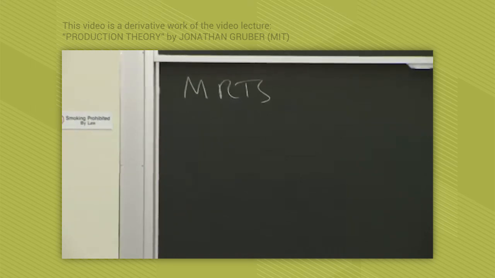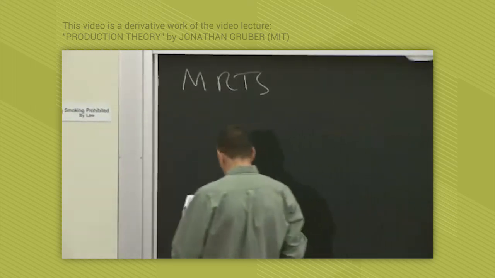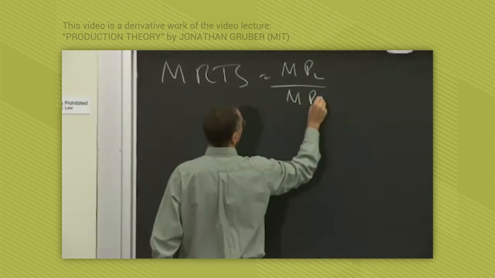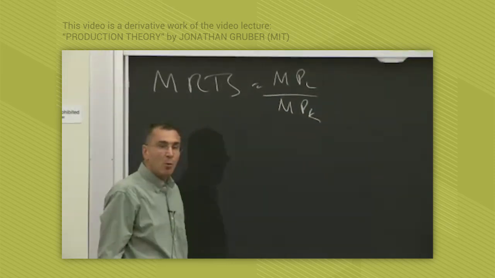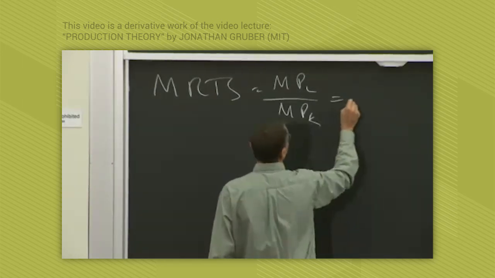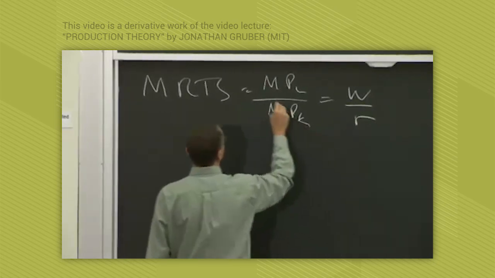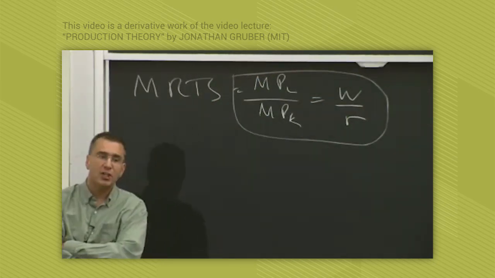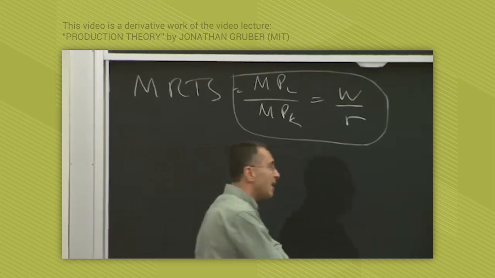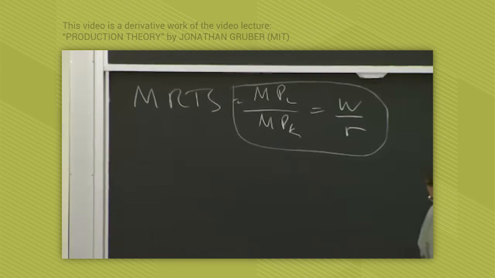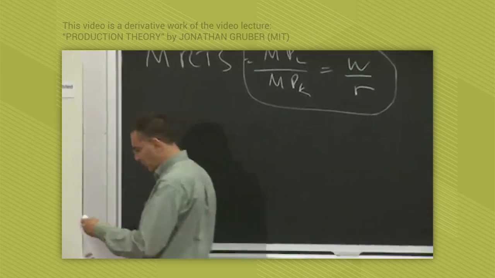The slope of the isoquant was the marginal rate of technical substitution, which is the marginal product of labor over the marginal product of capital. And what we're saying is we want to set that marginal rate of technical substitution equal to the input cost ratio, W over R. Okay? That's what we're saying. The efficient thing to do is to set the marginal rate of technical substitution equal to the price ratio. Okay, that's what happens with the slope.